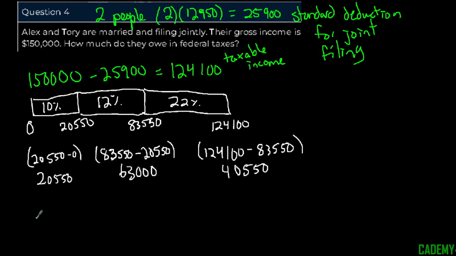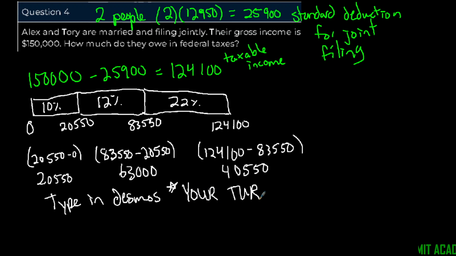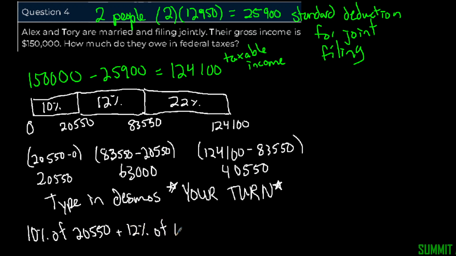So I'm going to actually say, your turn here in a second. Type in Desmos: 10% of 20,550 plus 12% of 63,000.